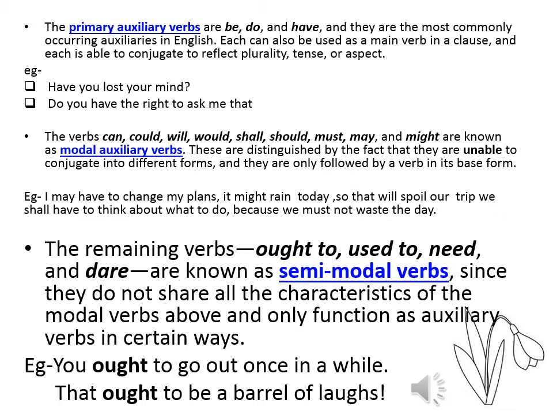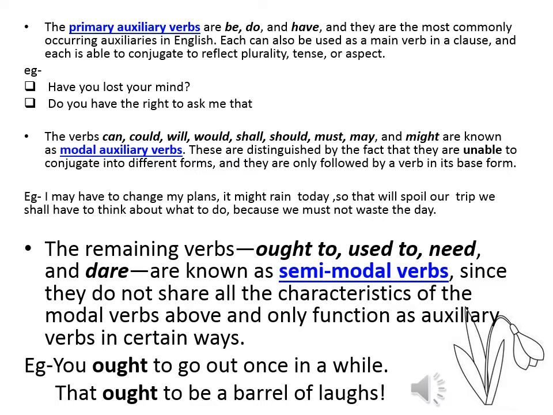We shall have to think about what to do, because we must not waste the day. In these sentences, the modal auxiliary verbs are may, might, shall, and must. Got it? Okay.